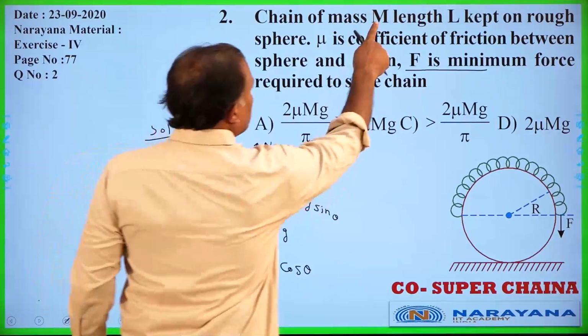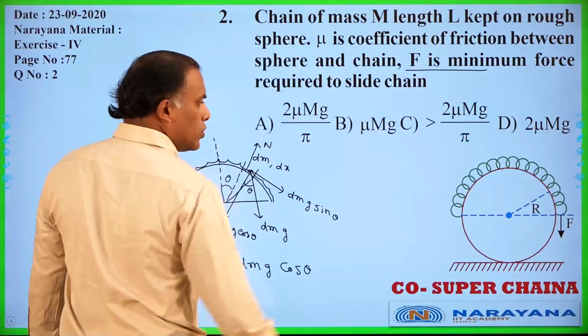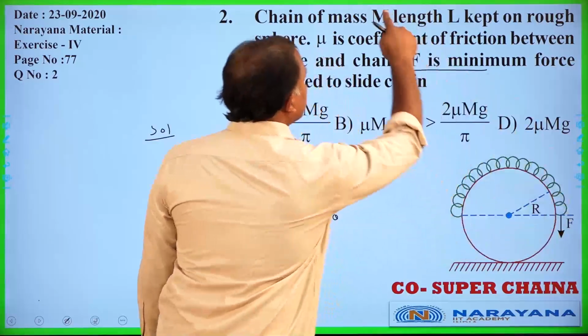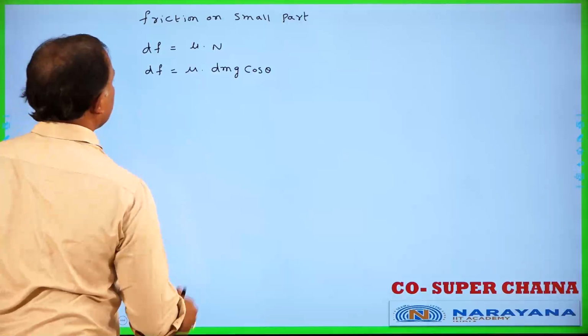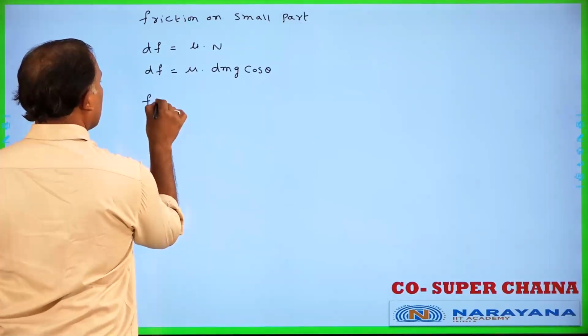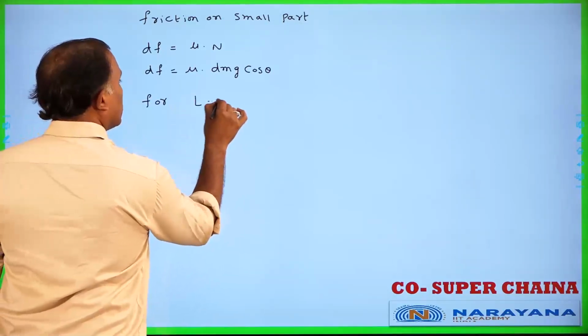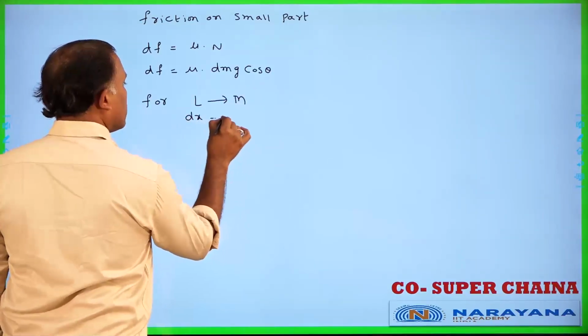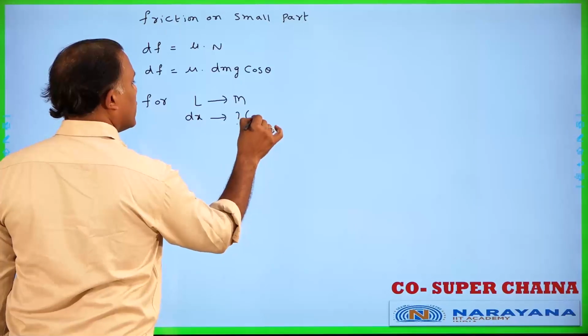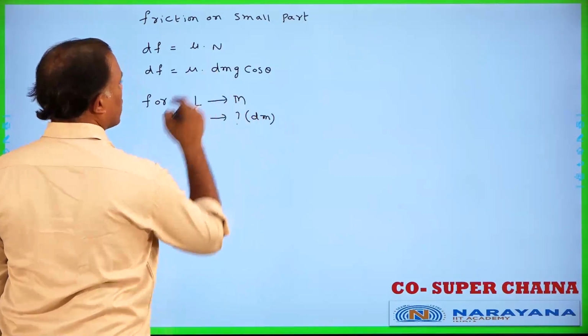He is telling you that mass is m and length is L. So for the total length L, mass is capital M. For dx length, what will be the mass? That is dm, which I have taken.